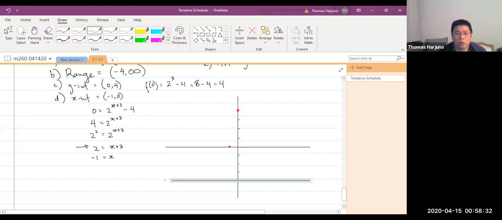The thing is, with only 2 coordinates, it's not really enough for us to get a good feeling about the graph. So what I will do is use those 3 important coordinates. One of them is 0, 1, from 2 to the x. Move 3 units to the left, 1, 2, 3, and 4 units down, 1, 2, 3, 4.